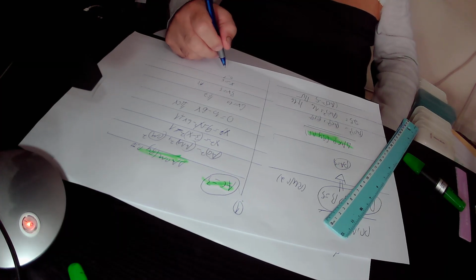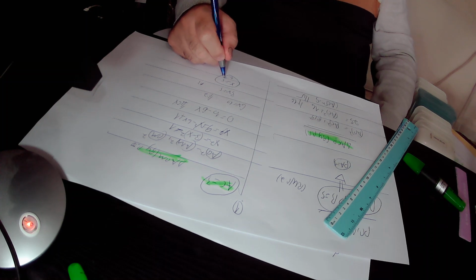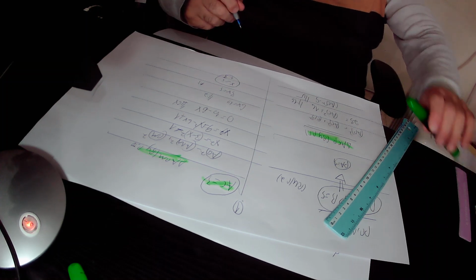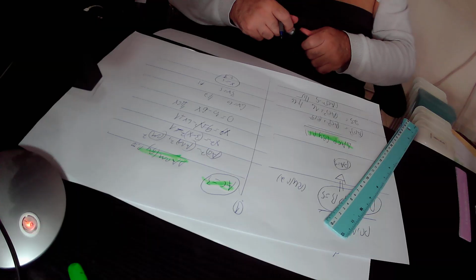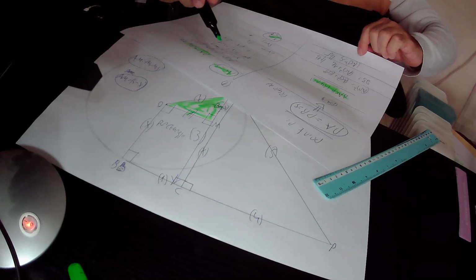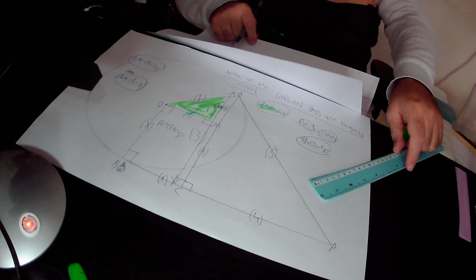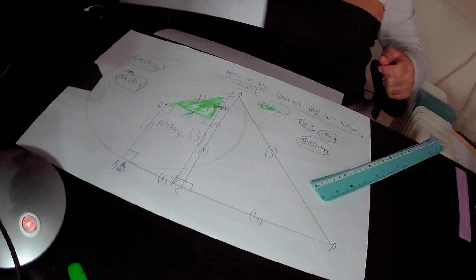And again, we found out that X equals 5/3. X is the radius of this circle, and our task is to find the area of this circle.